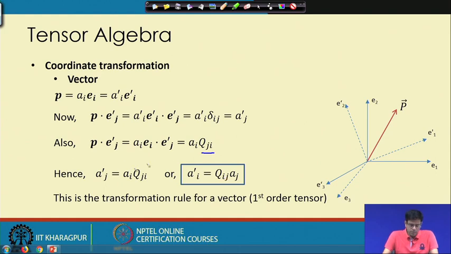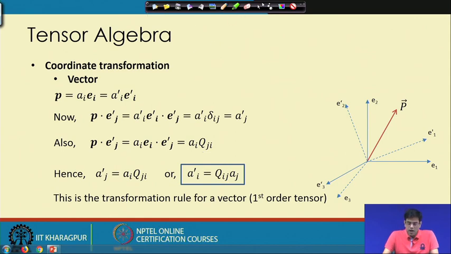That we have seen in the previous class. Finally, you see that the component of the rotation matrix is multiplied only once here, because a vector is a one directional quantity. It has one direction. That is why we say it is a first order tensor.